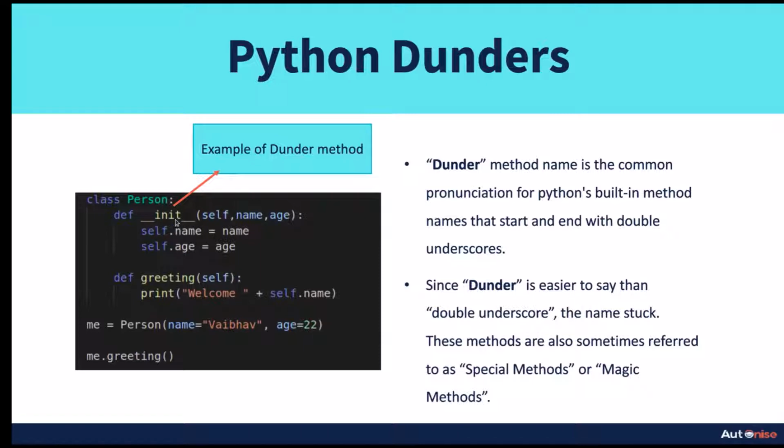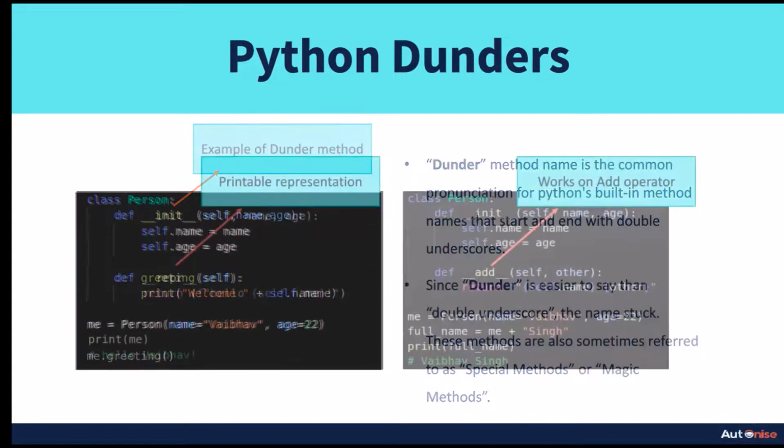And the init function, the built-in constructor function for a class, is an example of a dunder method. There are more dunder methods, which are actually Python inbuilt functions. We can see them next in a slide.